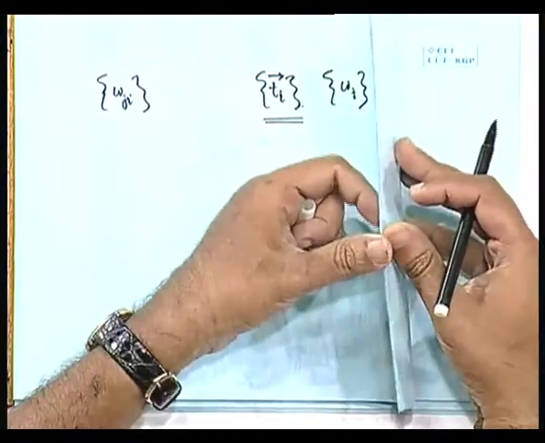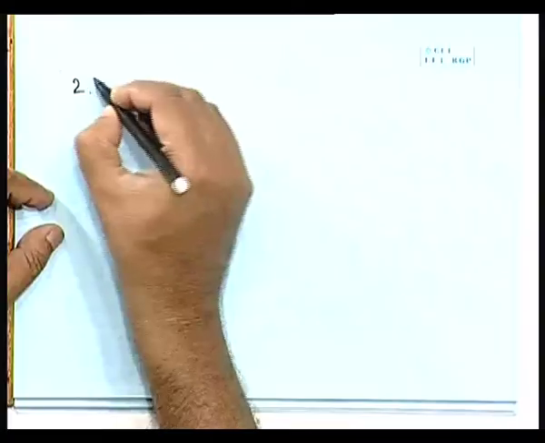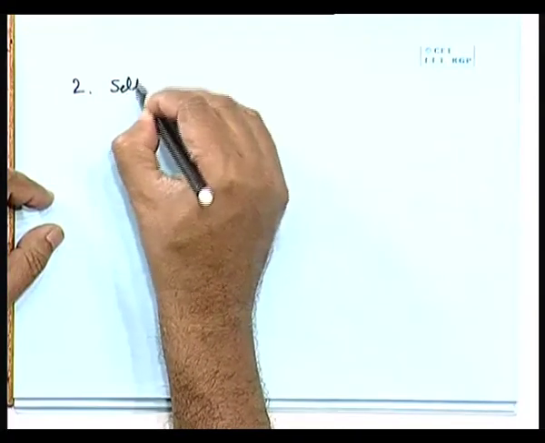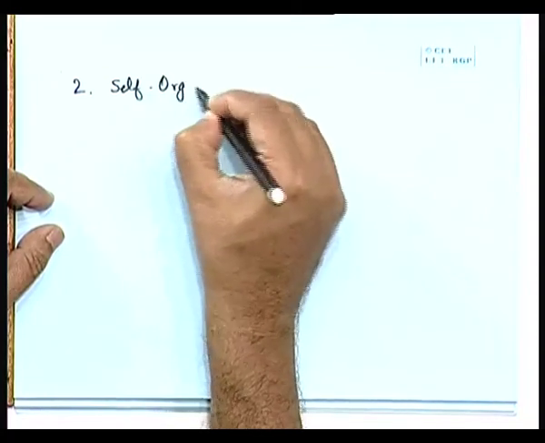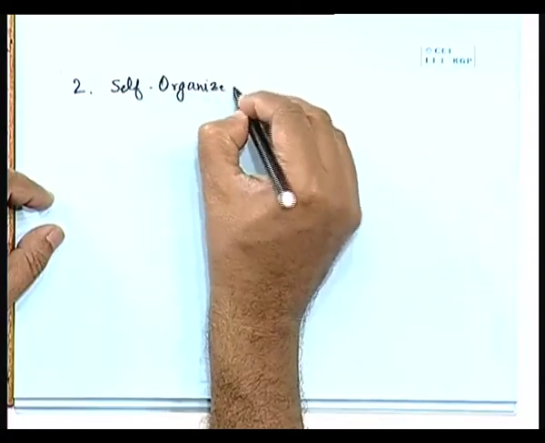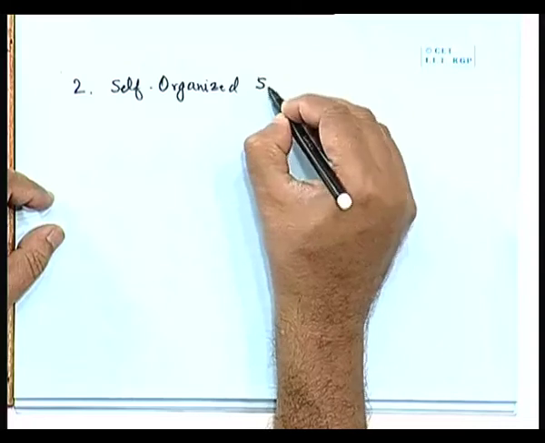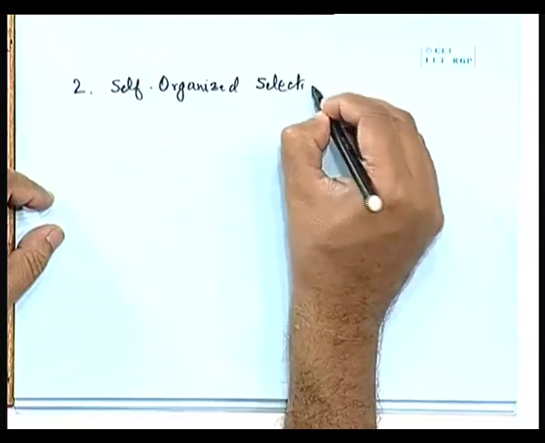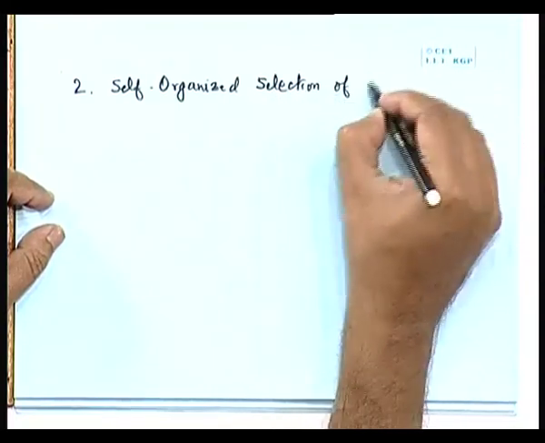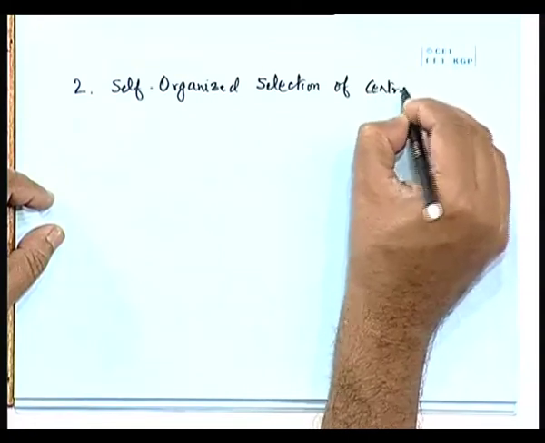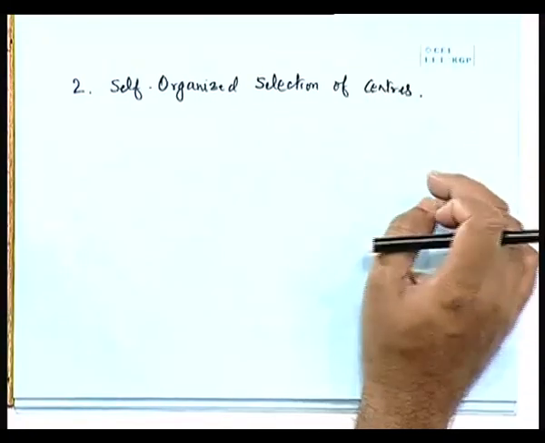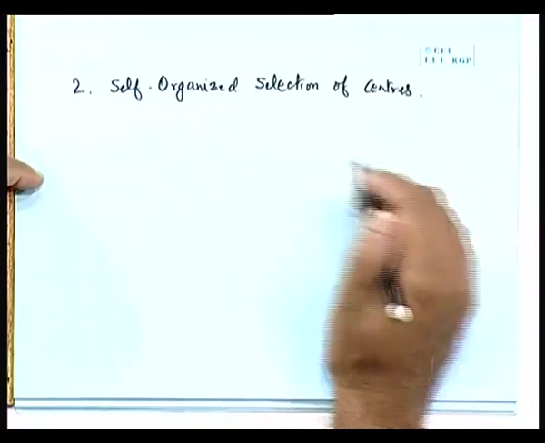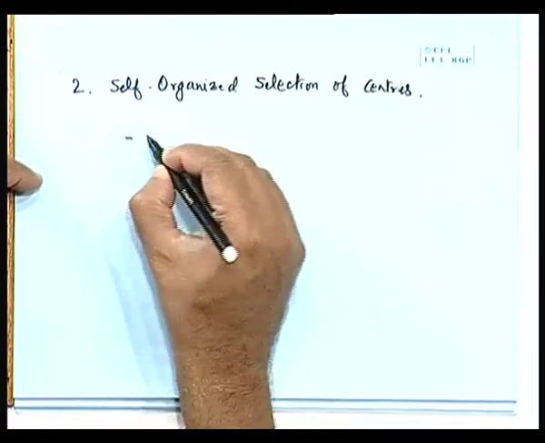So, the second methodology for the selection of the centers of the radial basis function is what is known as the self-organized selection of centers. In this case, two stages are involved.